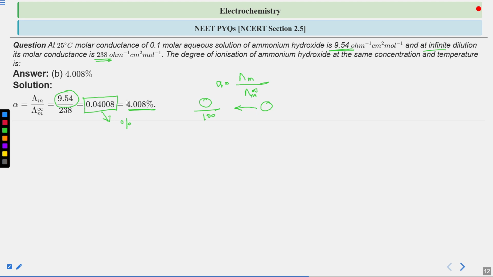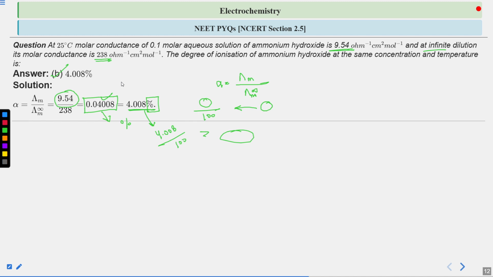So when you multiply, it will be 4.008, and you put the percent sign. It already indicates that you have to divide this quantity 4.008 by 100 to convert into a simple quantity, which is the original answer. But for the conversion of the original answer to percentage, you multiply it by 100 and get the quantity in percentage. So the correct answer, matching the given percentage, is option B, which is 4.008%.